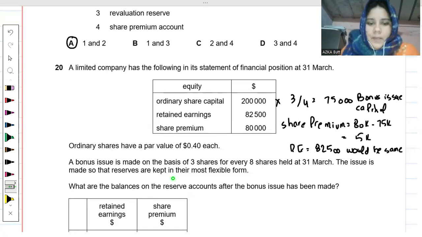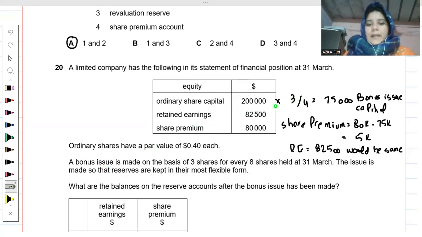So basically, we have to compensate for this bonus issue from our reserve accounts. First of all, we have to know the capital of the bonus issue. How can we find it out? This is the total share capital, and the bonus issue capital is included in this amount.